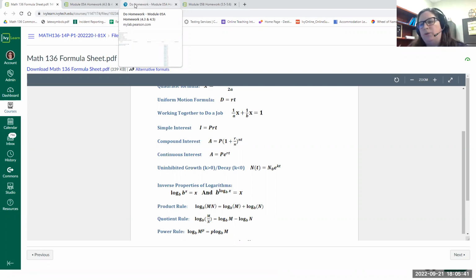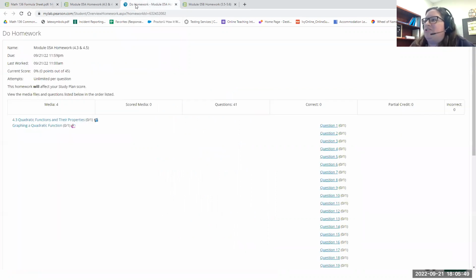If you can only do it with those, then maybe you're not quite at the level that your score might indicate. So those are just general tips.